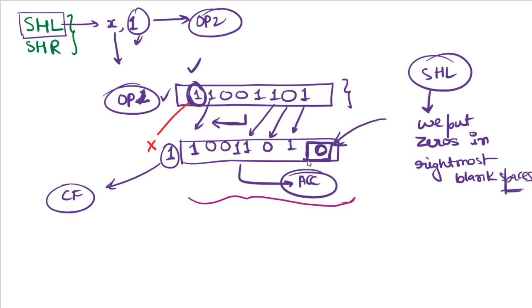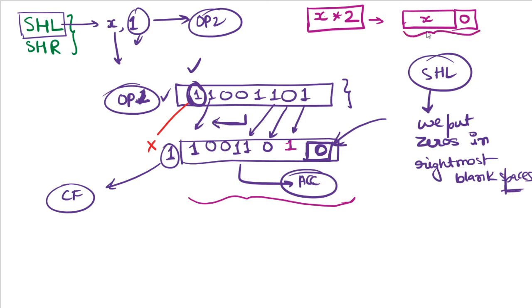Whenever we want to multiply a number x by 2, if this is the binary sequence for x, we add 1 0 here, and this will represent x into 2, 2x.